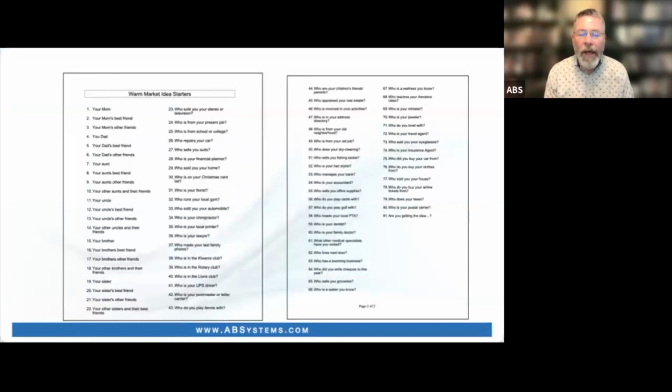How to develop your warm market idea starters. Now, the great thing about the training is that it's usually over 10 days to 2 weeks. Folks, we used to have it over a 5-day period. It would start on Monday morning and go through Friday afternoon until about 2 o'clock. So almost 4.5 days, literally trying to drink from a fire hydrant.